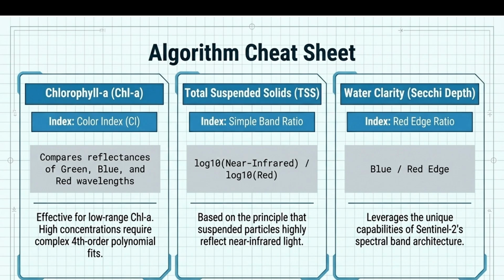And another is water clarity. This one is a red edge ratio, so blue divided by red edge. So we leverage the unique capabilities of Sentinel-2's spectral band architecture. Basically this band is only available in Sentinel-2 satellite data. In Sentinel-2 data we find the red edge band.